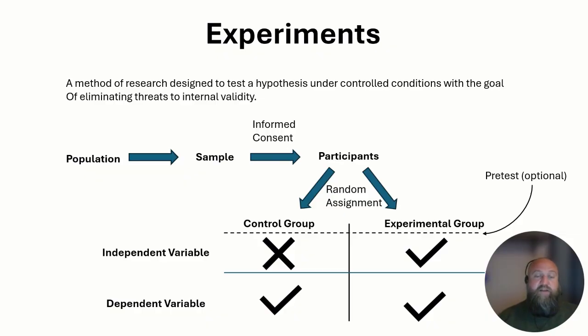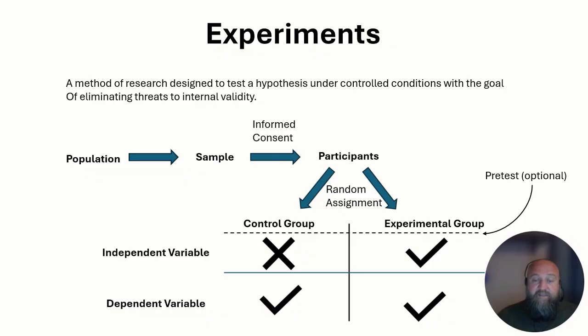So in this case, my independent variable would be the use of DBT on individuals with major depressive disorder. And maybe before I even start using this independent variable, I want to do a pre-test. I want to see what the baseline is. So I give everybody who is a participant in the study this PHQ-9 and I see what their scores are.